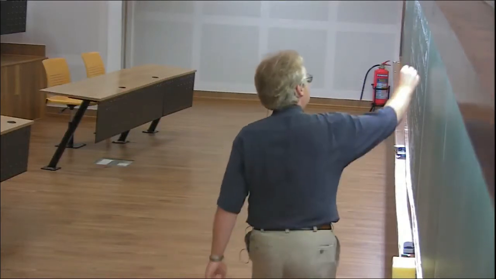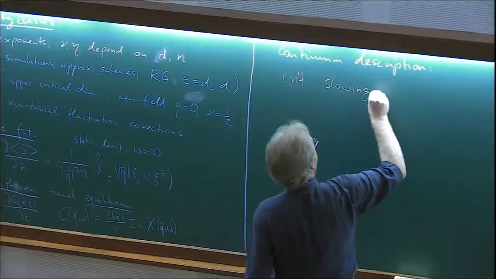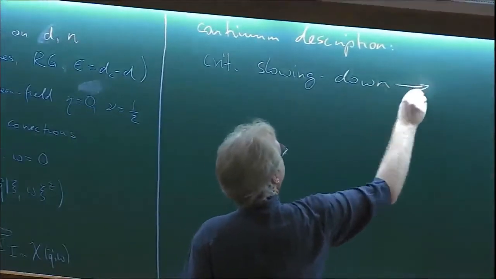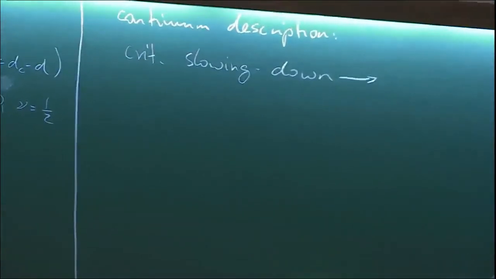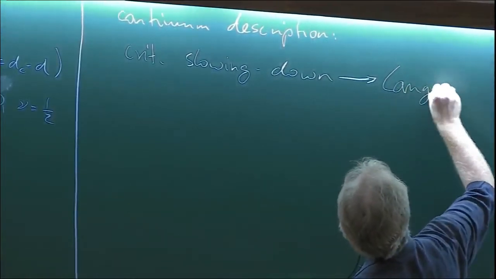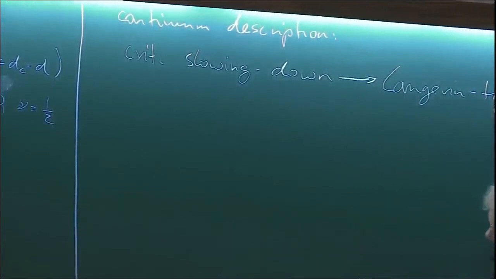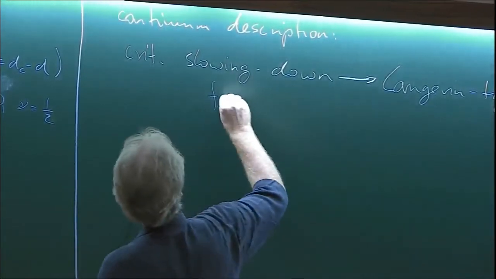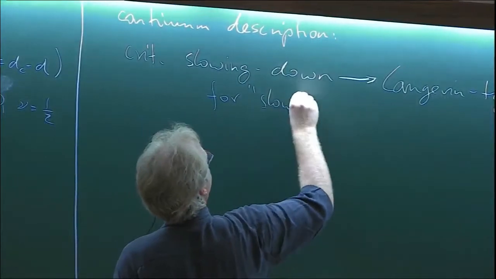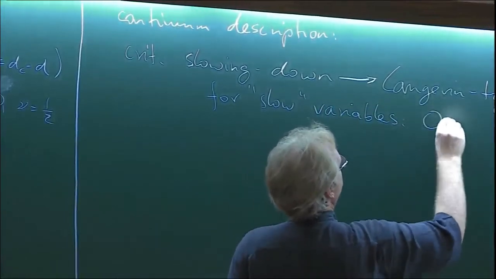So by exploiting the phenomenon of critical slowing down, I'm afforded almost for free the justification to write down a Langevin type of equation for the order parameter dynamics. Okay. So this is for the slow variables in the system. Slow dynamical variables. And these are clearly the order parameter.